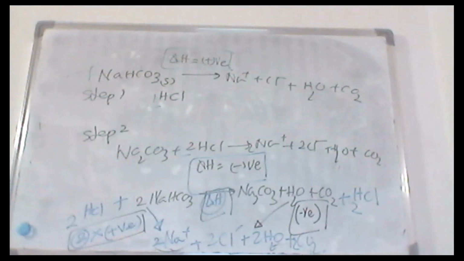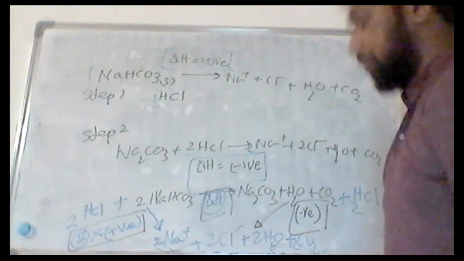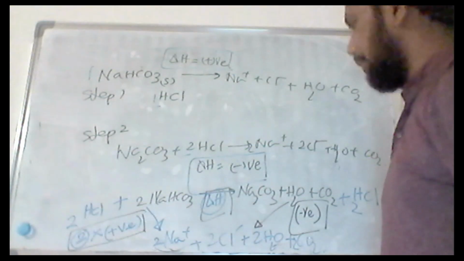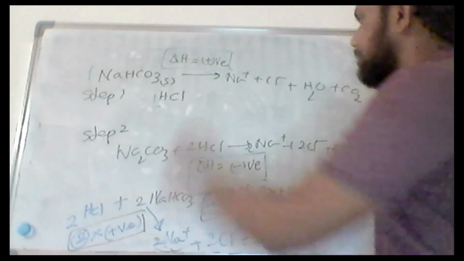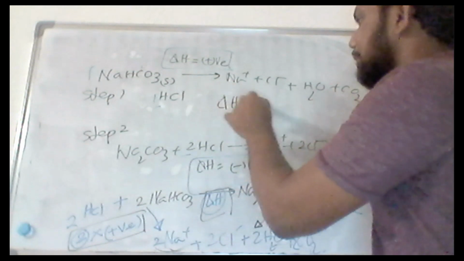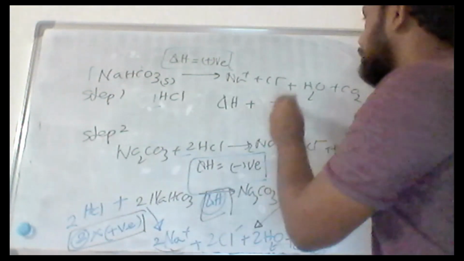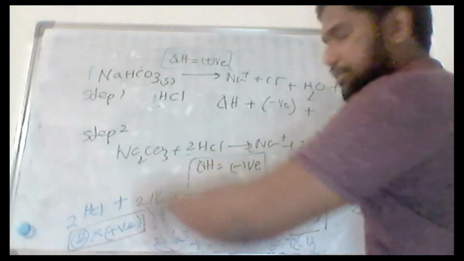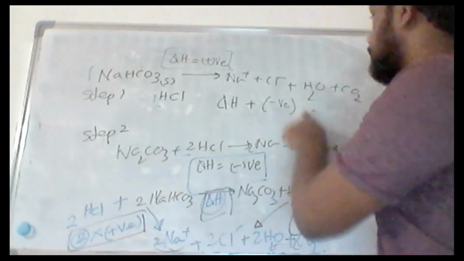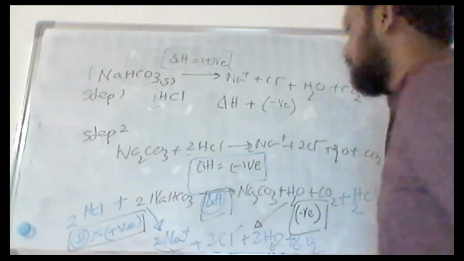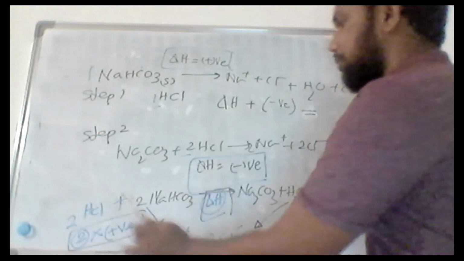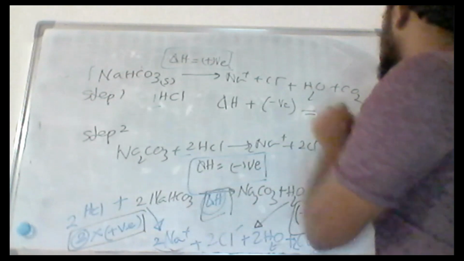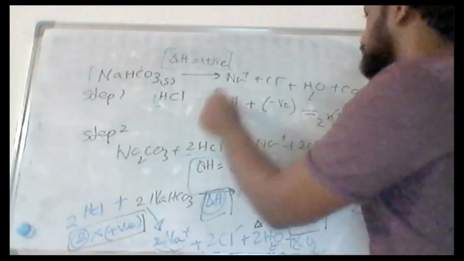So according to Hess's law, you can apply, right? So this is our reaction. So delta H for our reaction plus this negative value, plus this is the other way around. So you can put the plus minus this thing, or this should be equal to positive times 2.